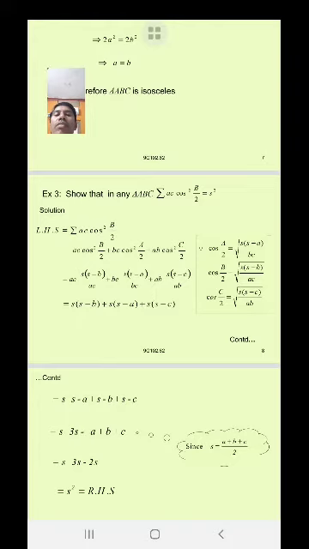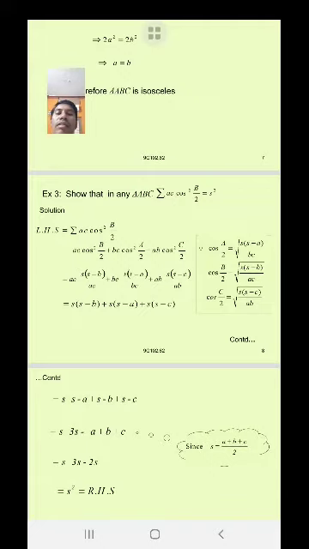After A we have B, after B we have C, and after cos square C we have cos square A because after C comes A. So totally from one term we made two more terms, because in a triangle there are 3. Already one term is given, so from that term we form two more terms and add them. This is called cyclic summation, and in short form we write sigma.